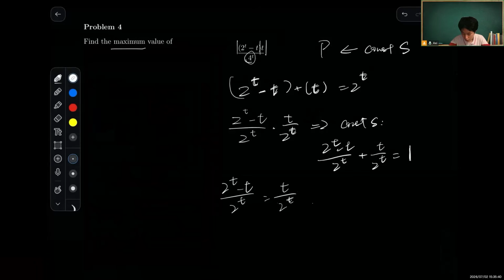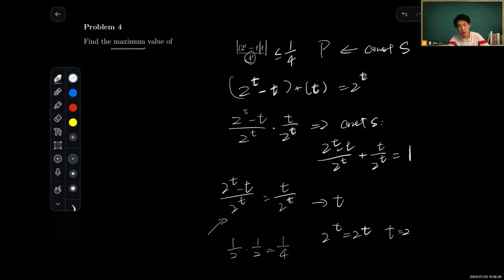And in this case, we can solve for t. Essentially, 2 to the t power is equal to 2t, so t here then is equal to 2. Since t is equal to 2, we can plug that back in, and that is 1/2 times 1/2, which is 1 over 4. So the maximum value of this expression is 1 over 4 when t is equal to 2.